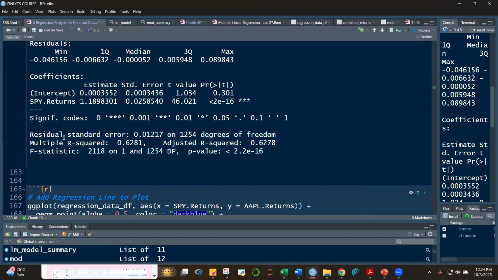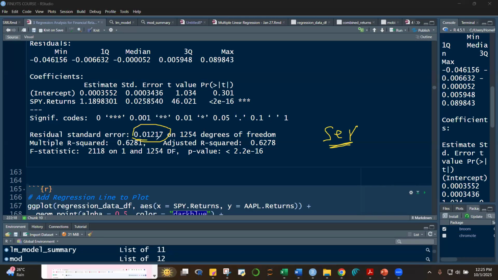What is this, class? Maybe you have met this before. This is also your standard error of your regression. It's like the standard deviation of your residuals.